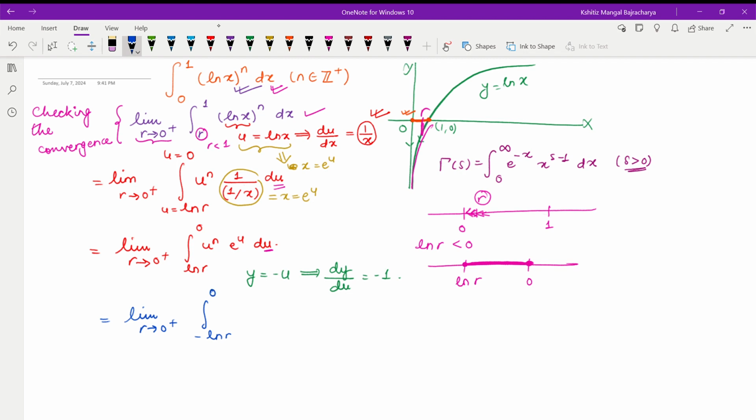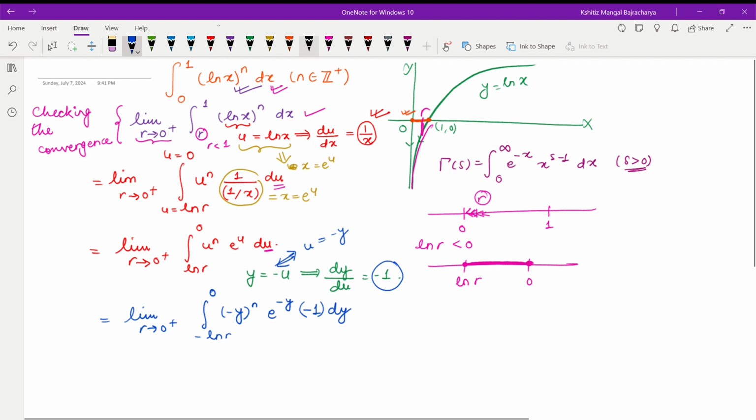Since u equals minus y, this changes to something like this, and we're going to use dy, so we need to divide the integrand by minus 1, which will give us simply minus 1. Okay, this is what we are going to get.